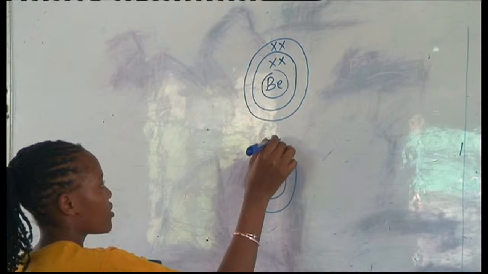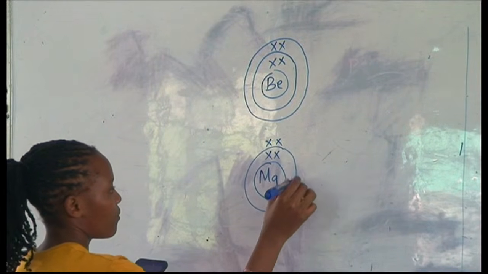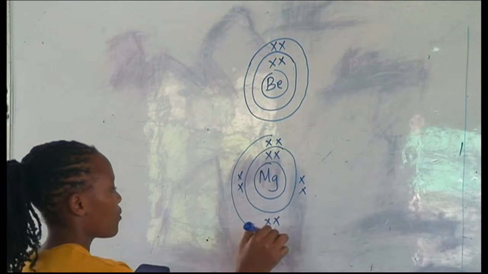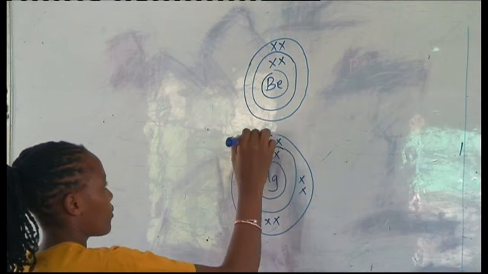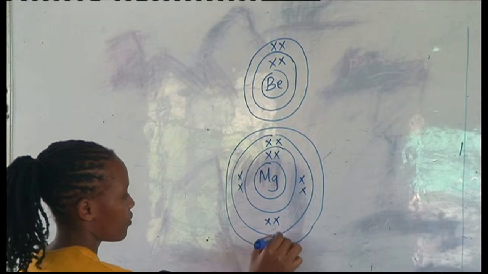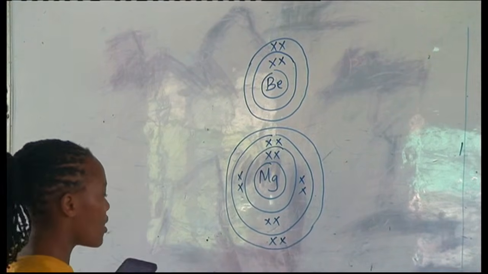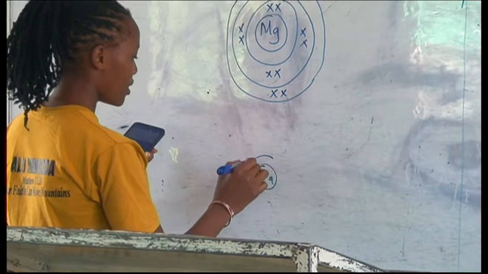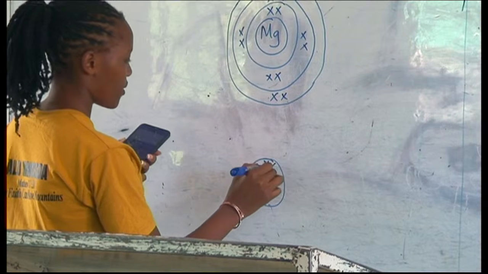has got this structure. And then we have calcium as the last one. I'm beginning with the atomic radius.